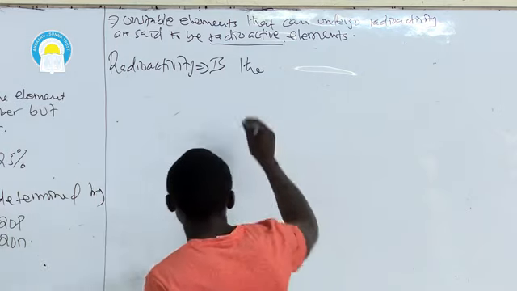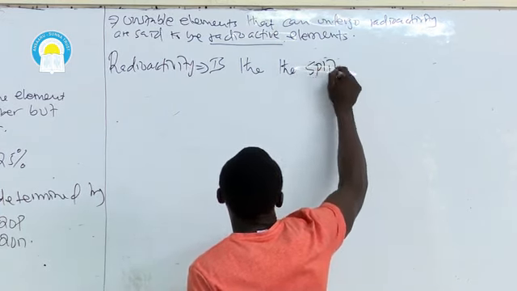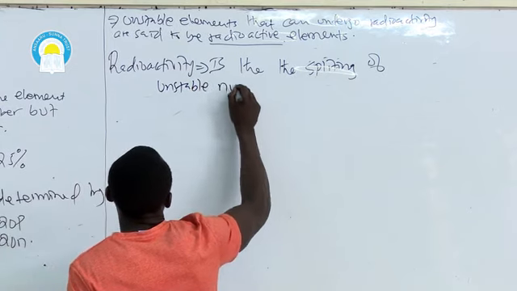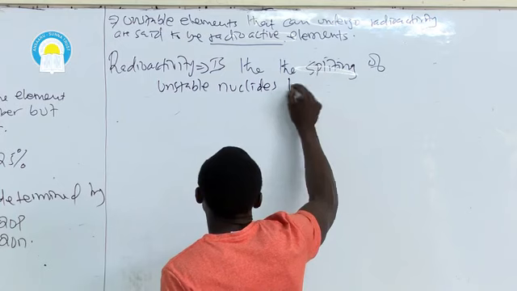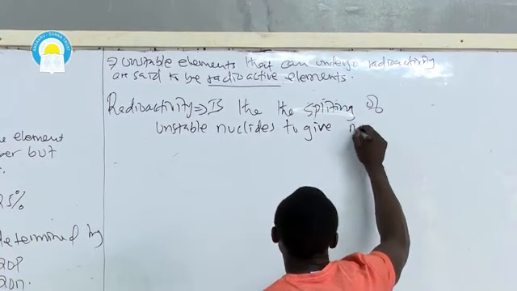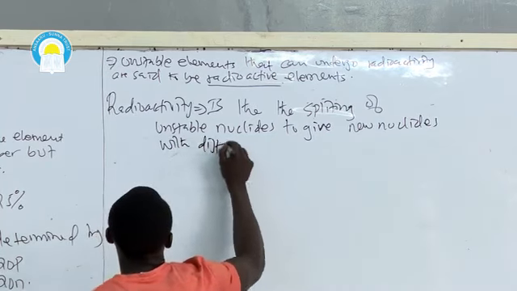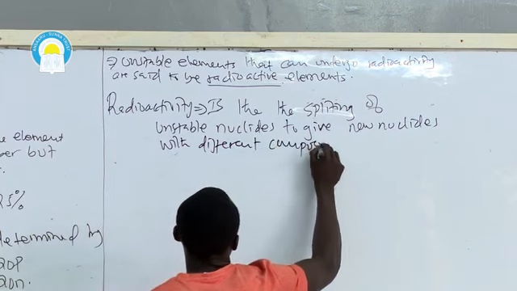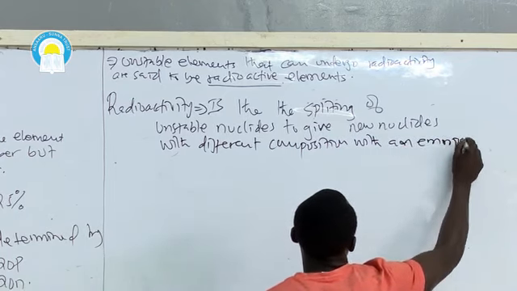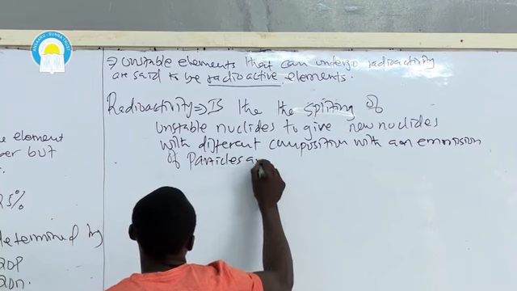So this is the splitting of unstable nuclides to give new nuclides with different composition, with an emission of particles and energy.